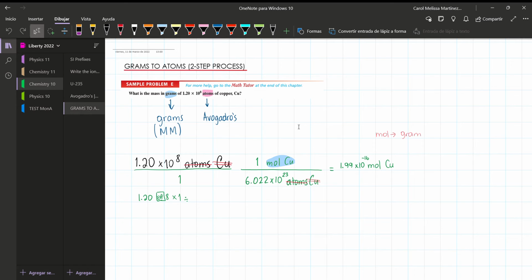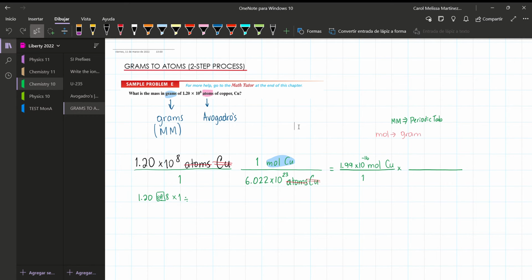So again, I'm going to place an invisible one in the bottom, but now I'm going to be using the molar mass of copper. What is the molar mass of copper? Those 63, where do I get them from? Remember, from mole to grams, I'm going to use the molar mass, and the molar mass is in the periodic table.